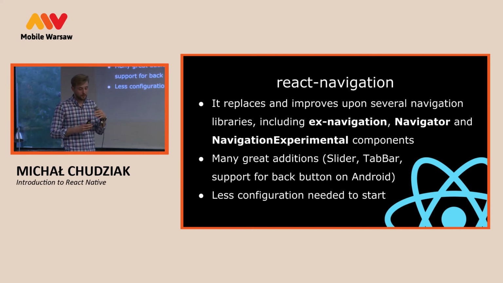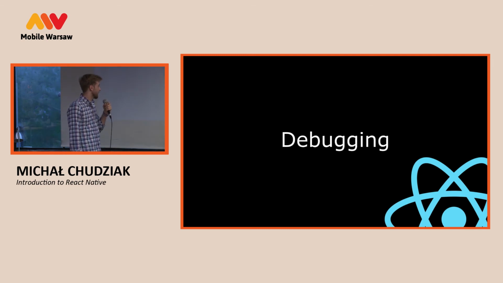So we try to handle everything here and to make it as easy as it can be. So less configuration is needed to start. You just have to specify the object with your routes, maybe with your params. Documentation, I hope it's written pretty well, so just go to GitHub, search for React Navigation, and this is the way to navigate in React Native.